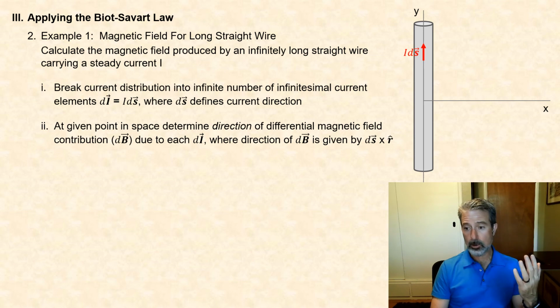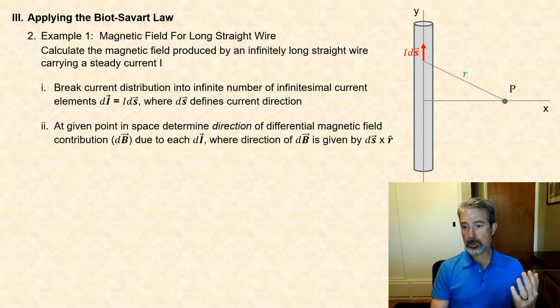And we're talking only about direction here, not magnitude. So remember, the direction of this infinitesimal field contribution dB will be in the direction of the cross product of ds and r hat. So we see what ds looks like. It's in the plane of the screen here. There's our field point.